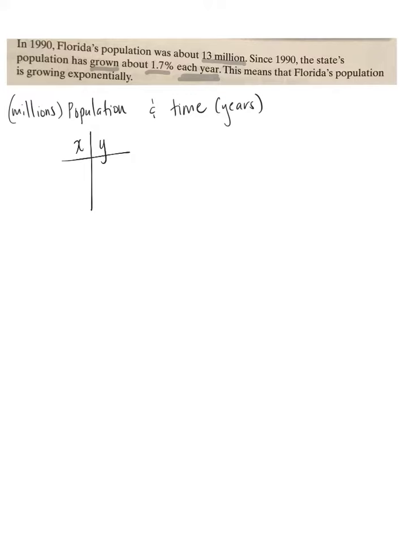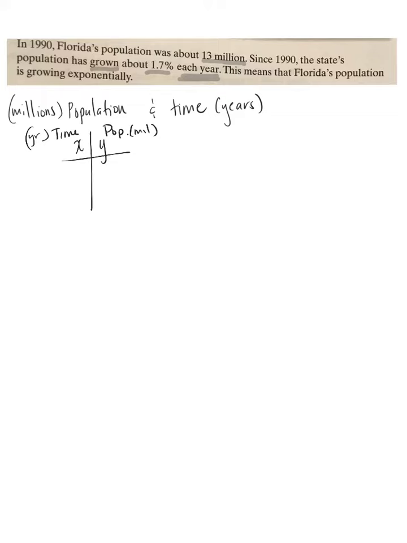No, time goes on regardless of population. So time is going to be my x, and population is going to be my y. And let's keep in mind that we're talking about population in terms of millions, and we're talking about time in terms of years. So those are the units that I'm working with here.